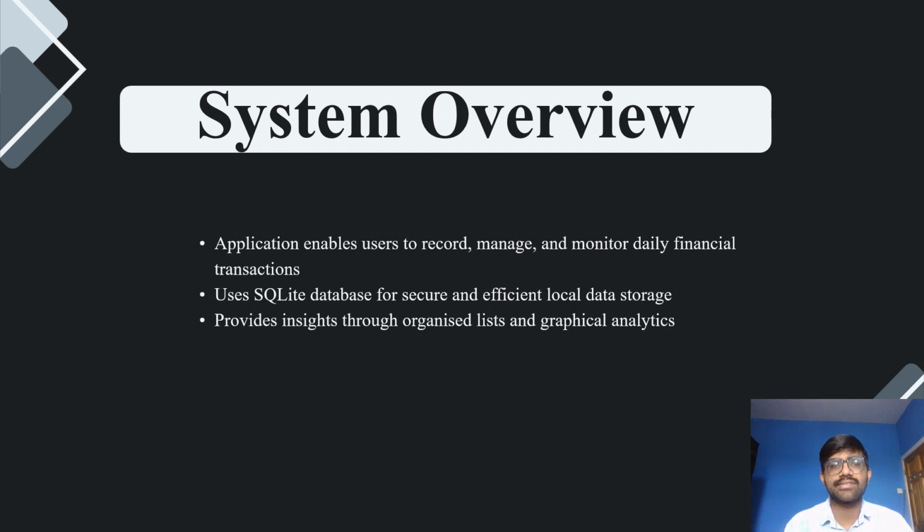And the next slide is the system overview. In this system overview, we can tell about the system. The system enables users to record and manage data and monitor everyday finances, like in a business where customers come buying and selling products.